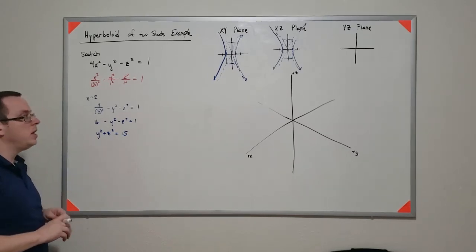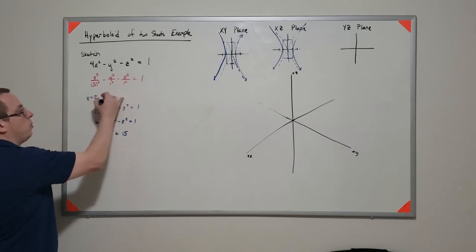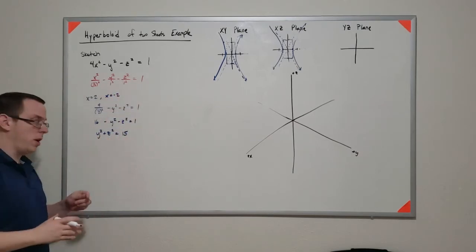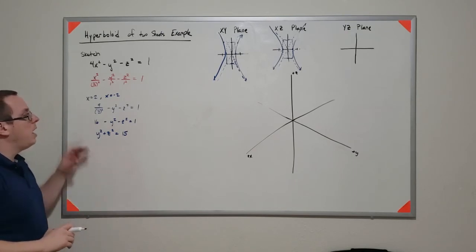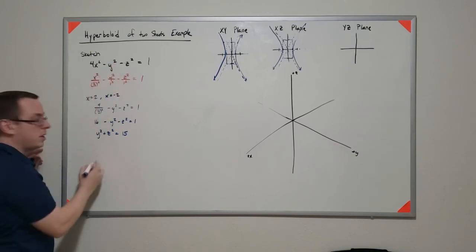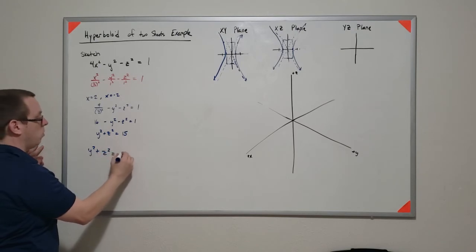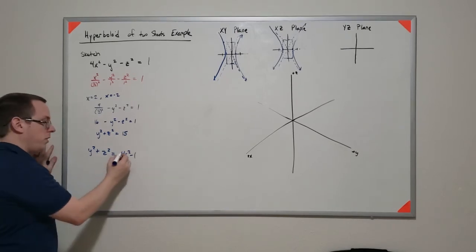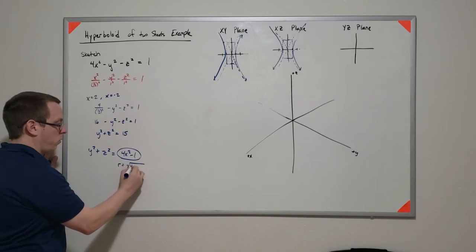So what that tells me is that each time for x equal to 2, or if x were equal to -2, by the way, this would be the same situation, you're going to have circles in the yz plane. And that circle is going to be determined by x squared. So we can rewrite this as y squared plus z squared equals 4x squared minus 1. So you could think of the radius as the square root of 4x squared minus 1.